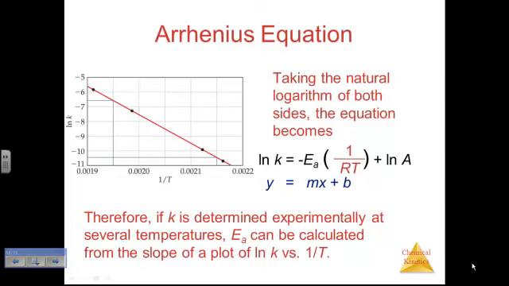We get a straight line where the slope is equal to negative Ea over R. Ea will be in joules. R is the gas constant, 8.31 joules per Kelvin mole.